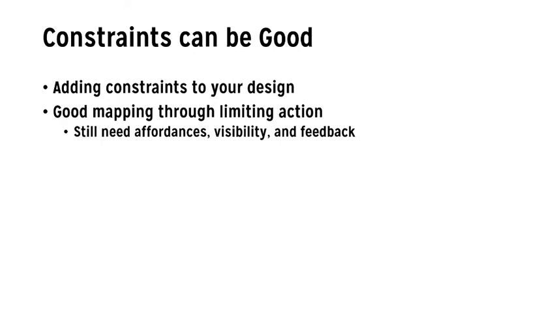So wrapping things up, if we limit the possible actions through constraints, we limit the opportunity for our users to make mistakes, which will lower the level of frustration, which will in turn create a better user experience.